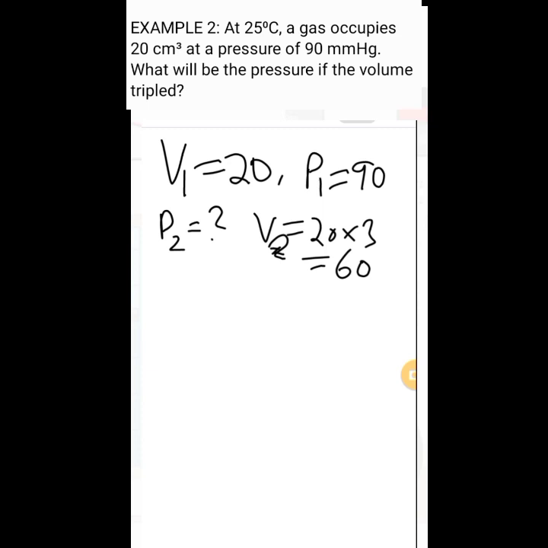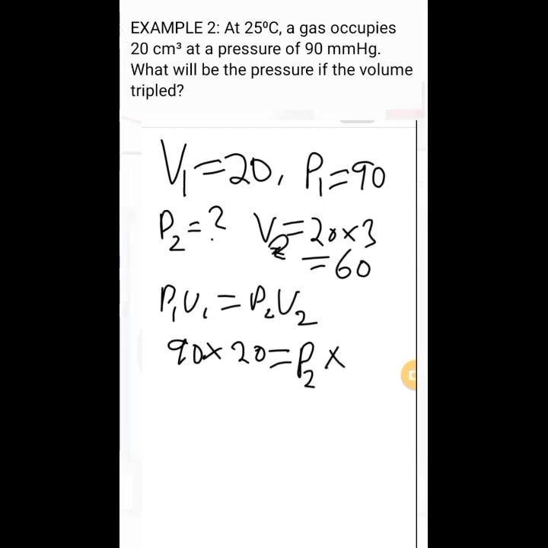Then from Boyle's law, we know that P1 V1 equal to P2 V2, and our P1 is 90 millimeter height of mercury multiplied by our V1, which is 20 cm cube, equal to our P2, which is unknown, multiplied by our V2, which is 60 cm cube.